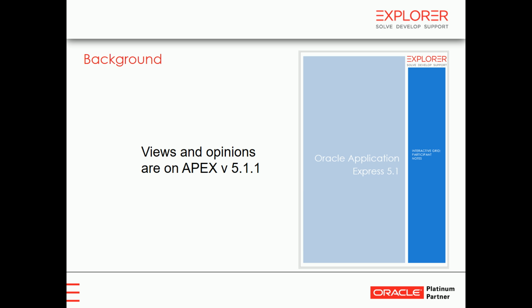So in a background to this presentation, I've done quite a bit of research. My views and opinions are on the latest edition being Apex version 5.1.1. Now in my research I've been creating one of the Explorer courses, which is specialising exclusively on the interactive grid. This is a 2-day 59-page course. So in my research I've been looking at the documentation available.